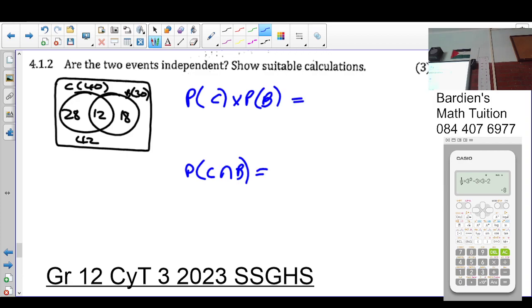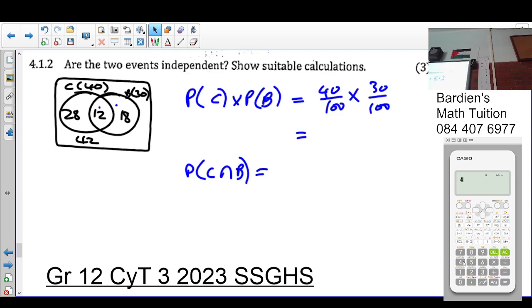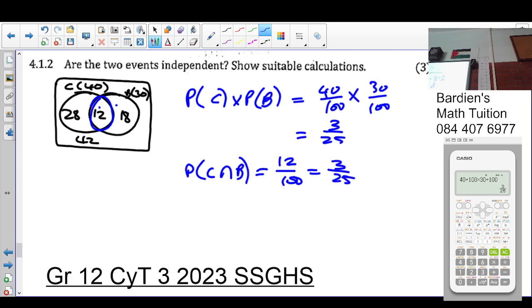So what's the probability of C? It's 40 out of 100. Probability of B is going to be 30 out of 100. So that's going to give you 40 out of 100 times 30 out of 100. That gives you 3 over 25. Now the probability of C intersection B is 12 out of 100, which is 3 out of 25.